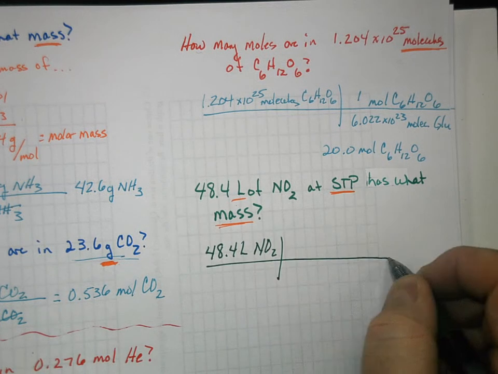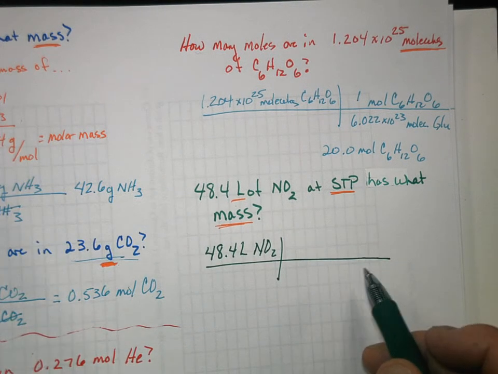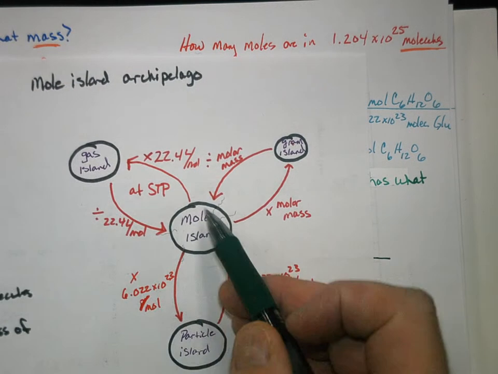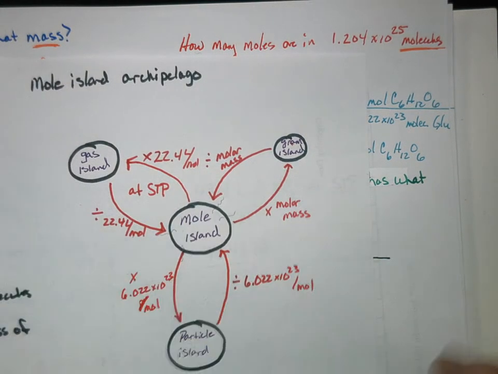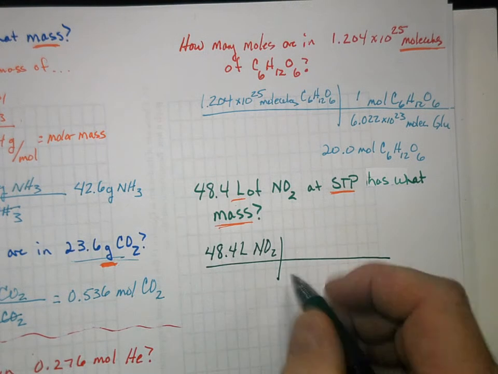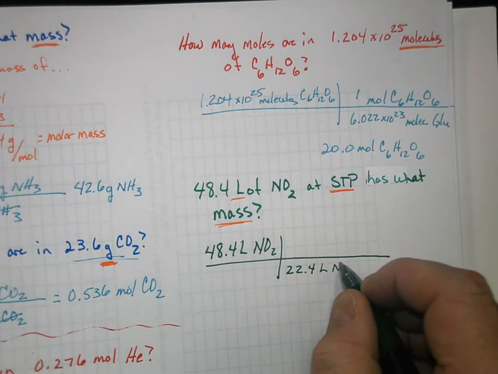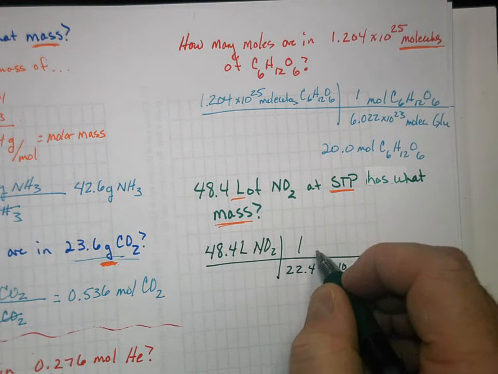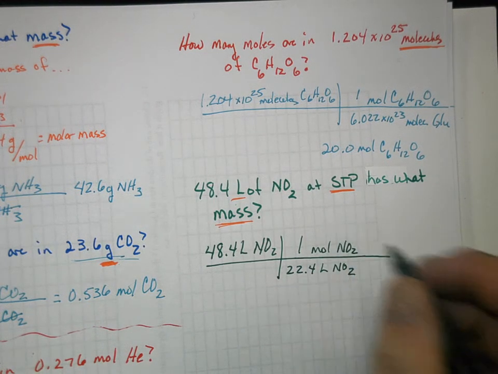Okay, the step was divide by 22.4, so we get to 1 mole of NO2.